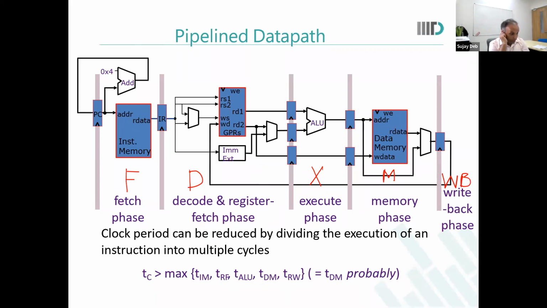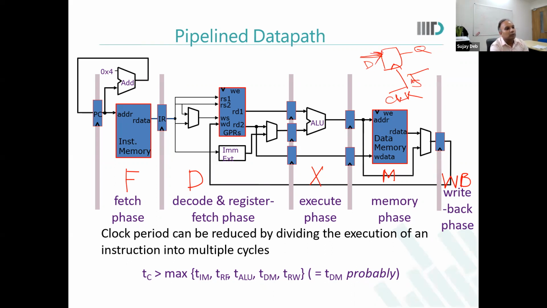You can assume these are very simple D-type flip-flops, where the input is D, the output is Q, and there is a clock. It is a positive edge triggered flip-flop.